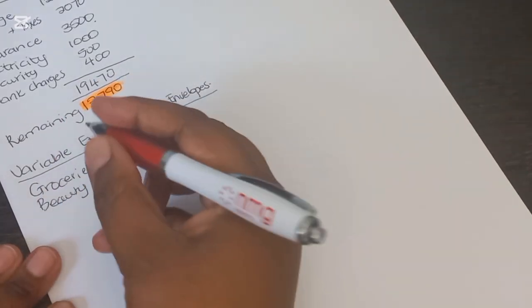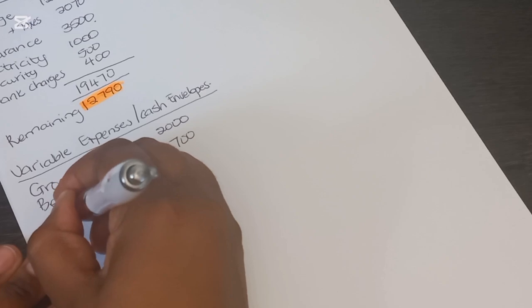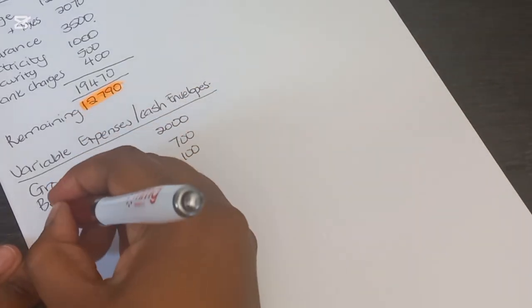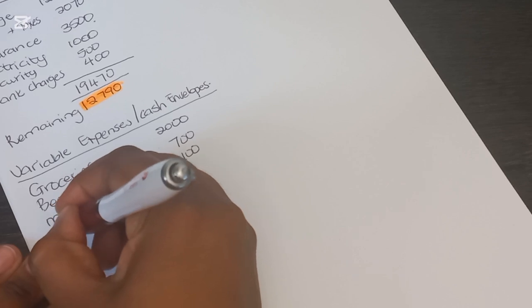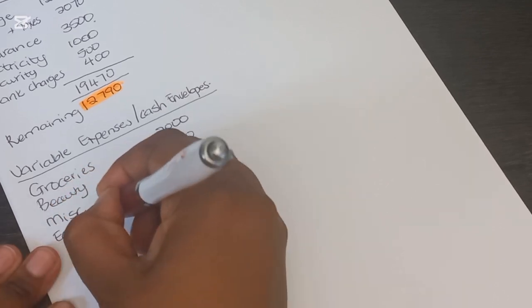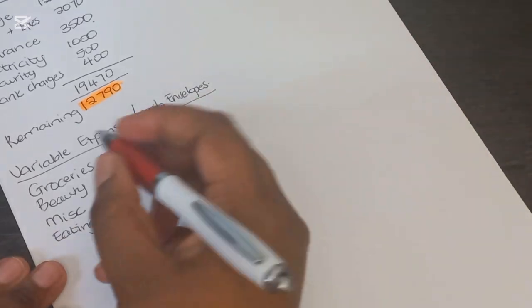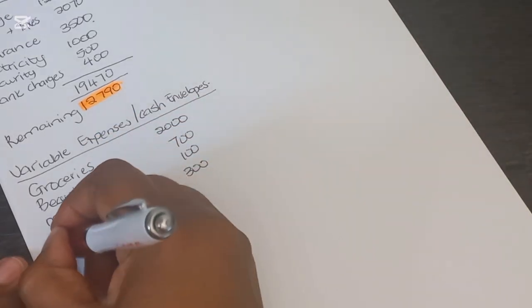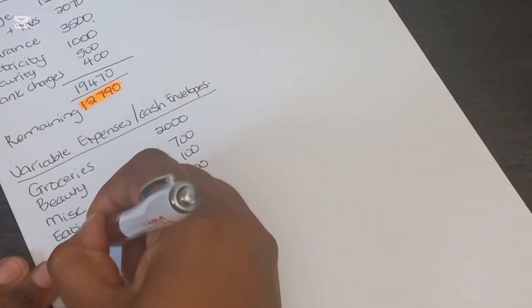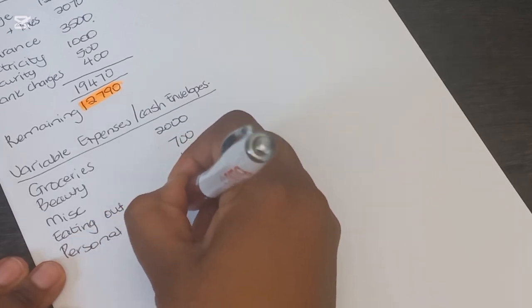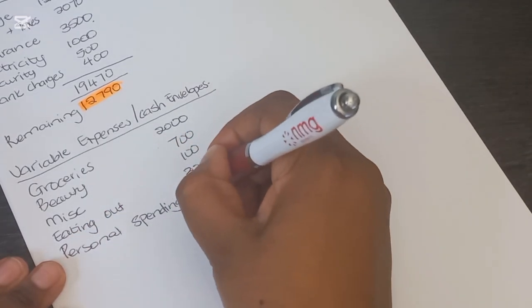Okay, 700 rand. Miscellaneous, 100 rand. Eating out, 300. Personal spending, 300.